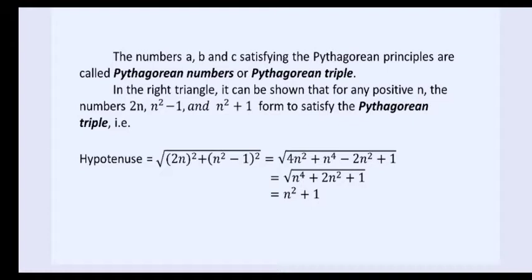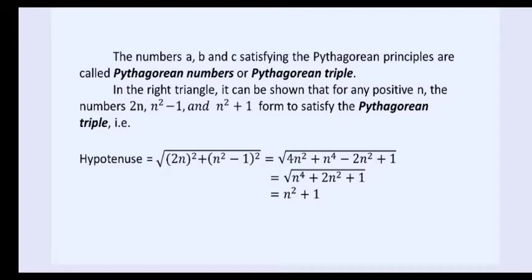The numbers A, B, and C satisfying the Pythagorean principles are called Pythagorean numbers or Pythagorean triples. In the right triangle, it can be shown that for any positive n, the numbers 2n, n square minus 1, and n square plus 1 satisfy the Pythagorean triple.